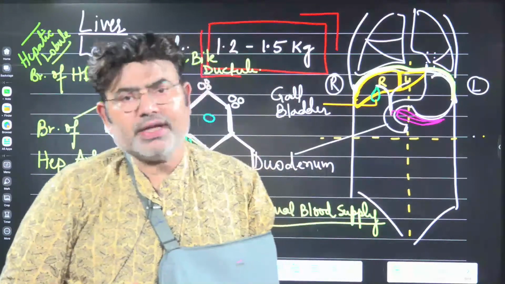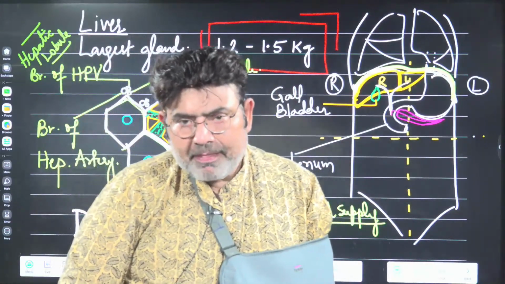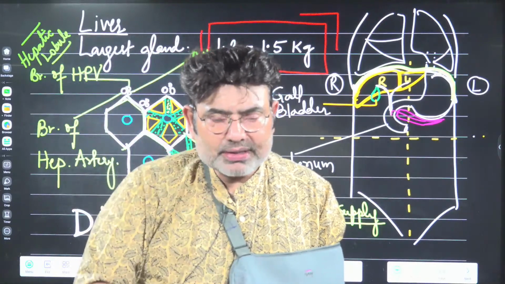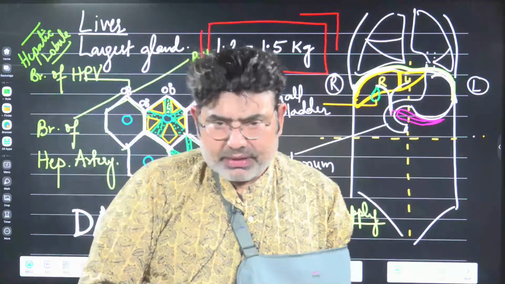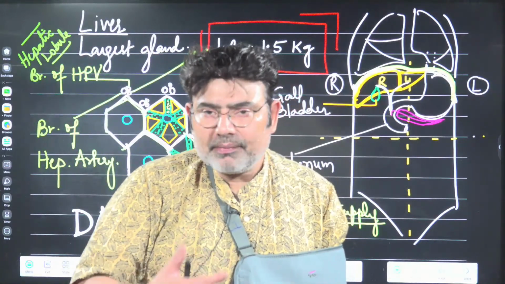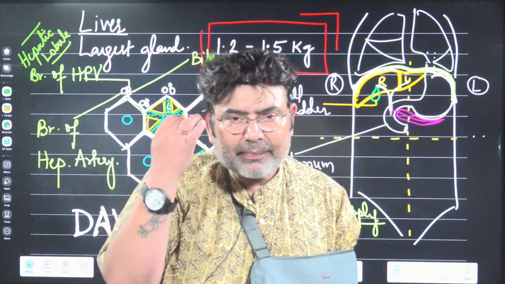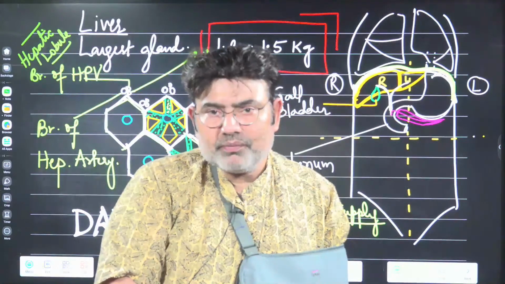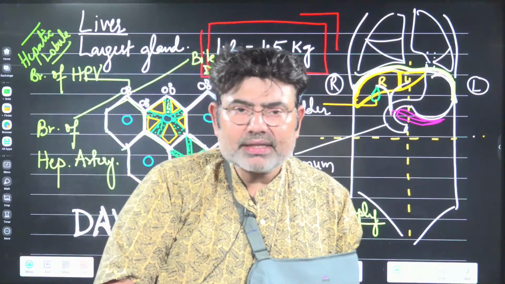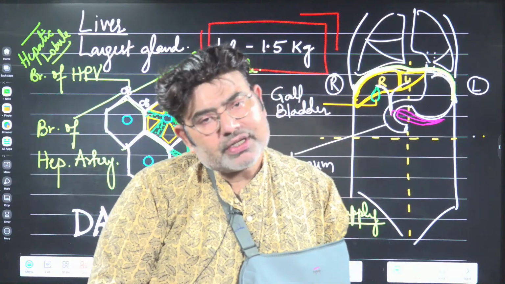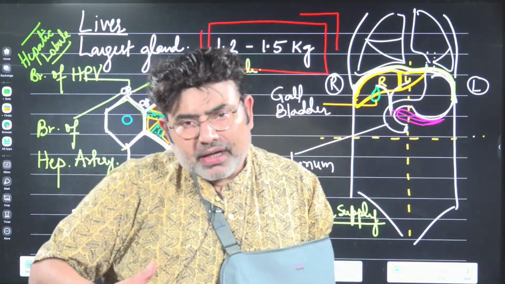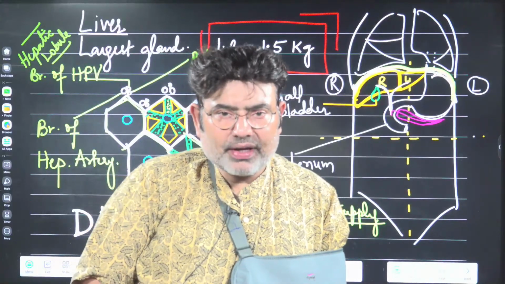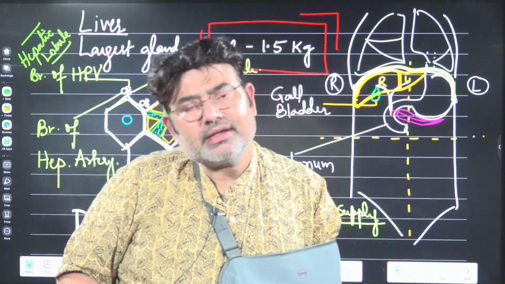Very few portal veins are there in the vertebrates. In animal kingdom, I described about 3 portal systems. These are renal portal system, hepatic portal system, and hypophyseal portal system. Renal, in the lower vertebrates like amphibians, they have renal portal system, where the blood from the hind part of the body forms a vein, and this vein supplies blood to kidneys.